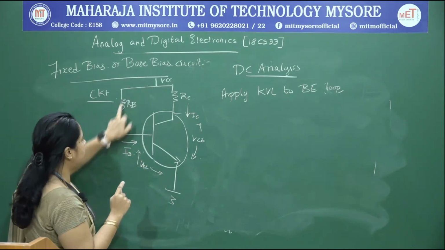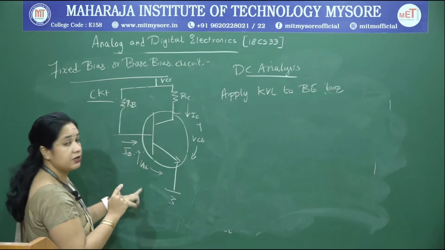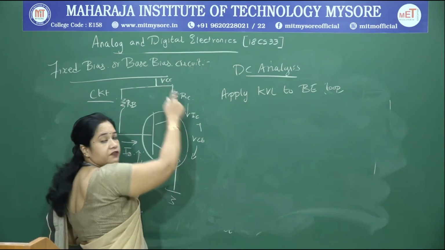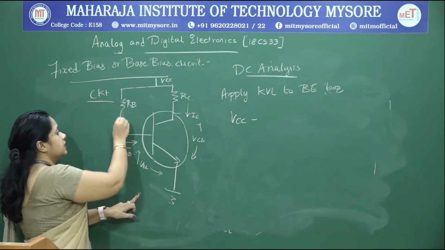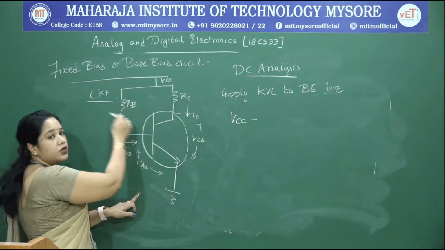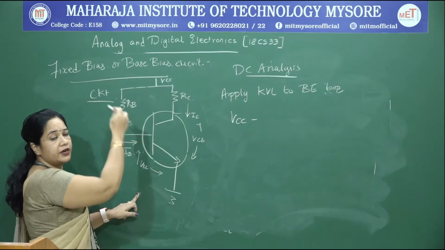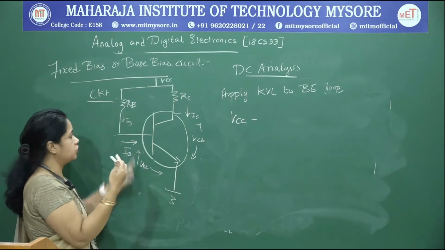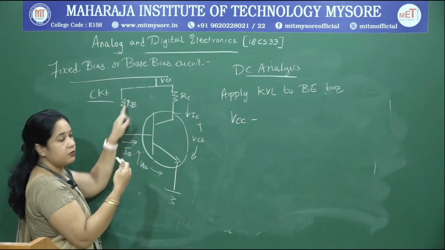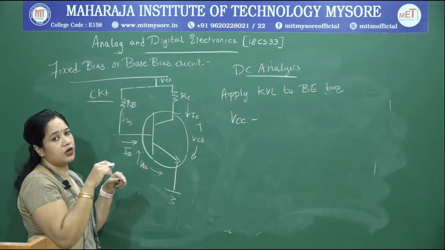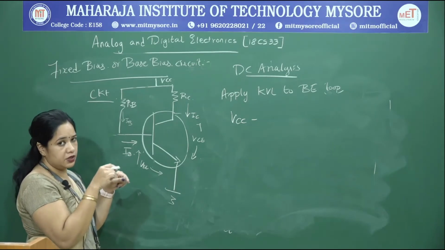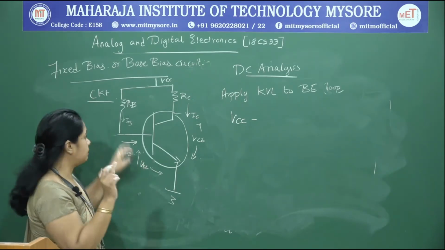So, I apply KVL to the base emitter junction. What do you find? You find VCC, and this is IB, and what is the voltage drop? The product of current and resistance along the loop is called the voltage drop. So, your current is IB and RB. When I pass through the loop, if the direction of current and the loop are in the same direction, we take it as negative.